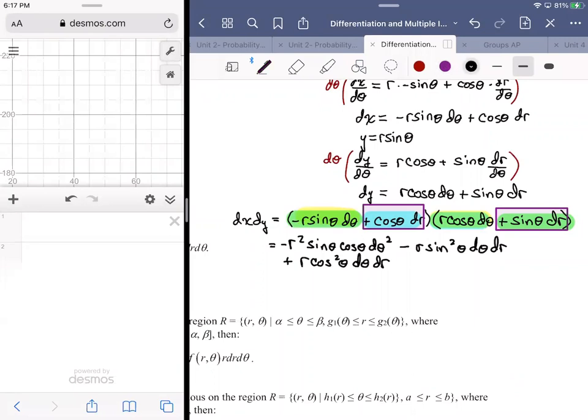So plus sine theta cosine theta dr squared. It can be, like I said, a little bit of a mess, but I also said that's part of the fun. All right. So that's all equal to dy dx.